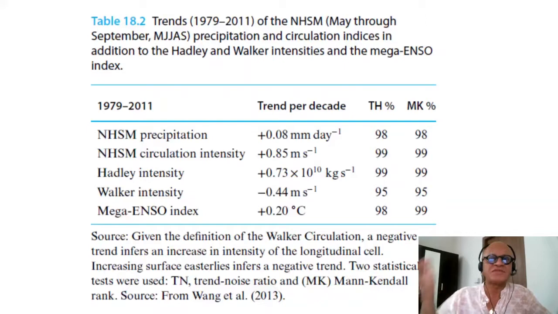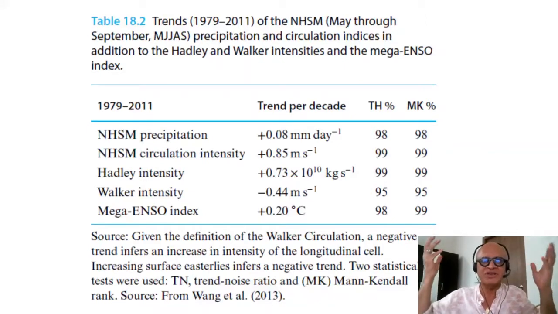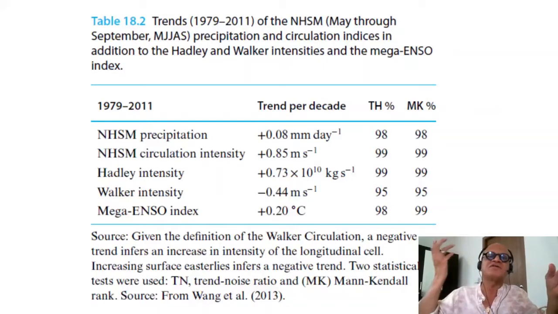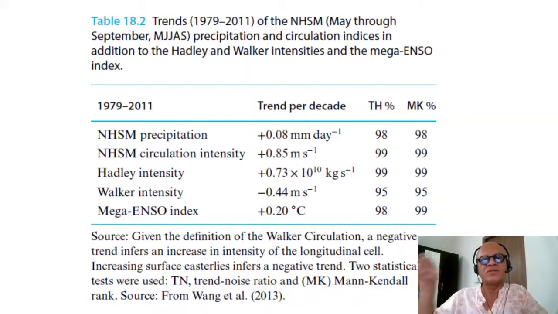And the idea of explaining that was that when the background moisture is increased, the vertical fluxes don't need to be as rigorous to create the rainfall, and hence the Walker circulation would slow down, and the Hadley circulation will correspondingly respond. But this result is very different.